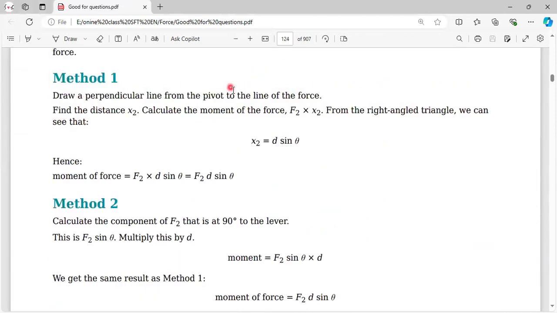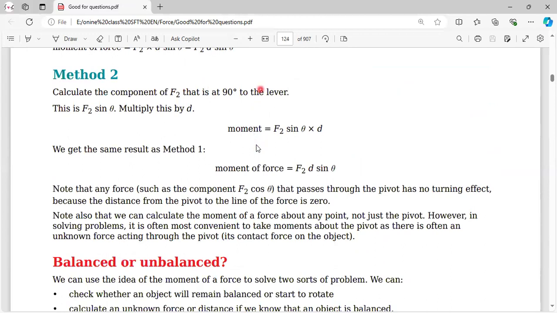So we discussed, even though there are two methods, how to find out that x2 distance, right? Since a perpendicular right triangle is always present there, you can just find out whether it is sine theta or cos theta. You can easily find out.